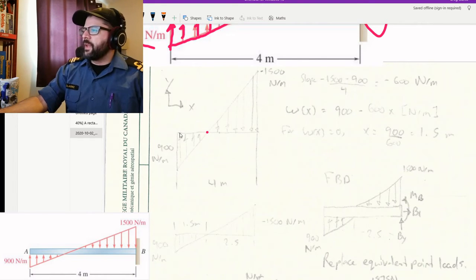So basically what we have here is a function. The weighting function has a certain slope.